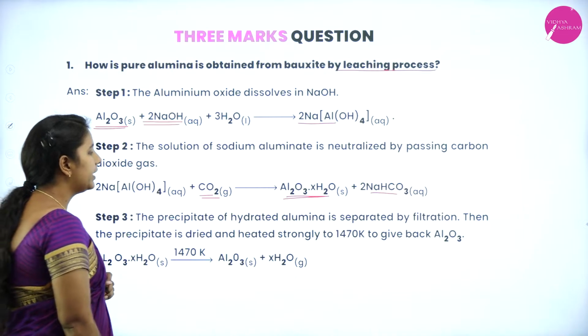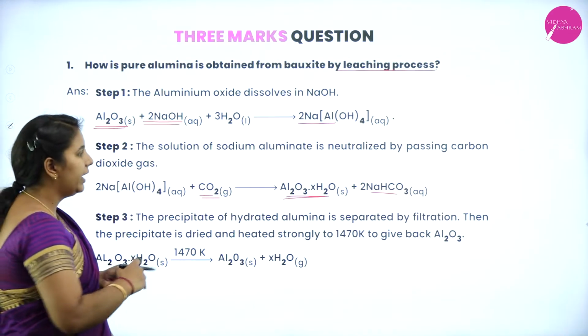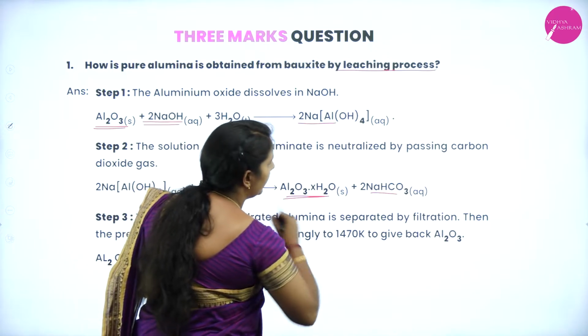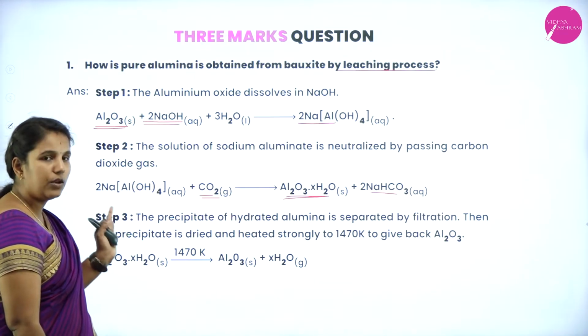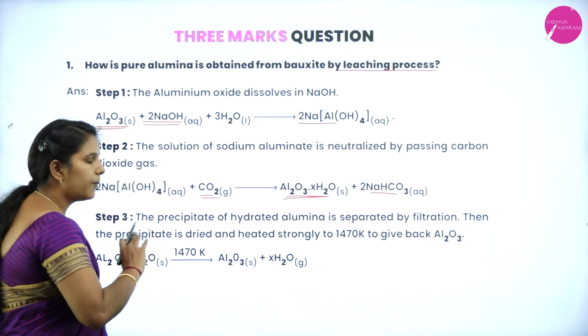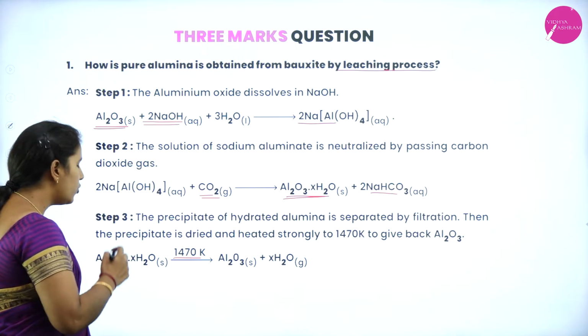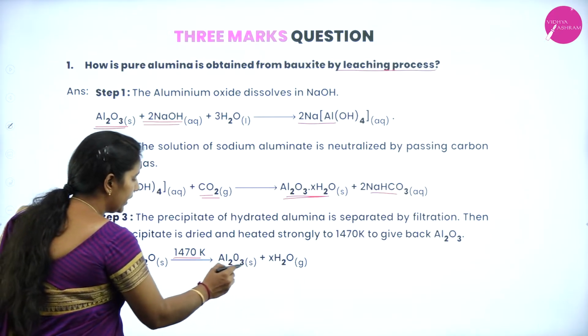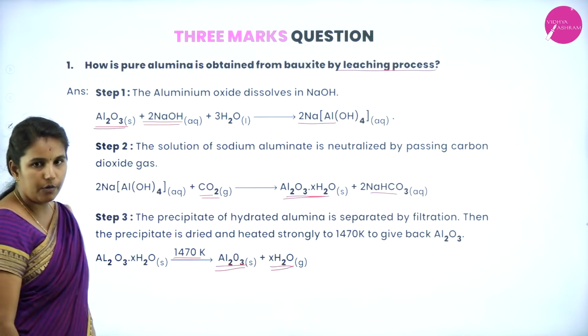The precipitate of hydrated alumina is separated from the sodium bicarbonate by filtration, and this hydrated aluminium oxide, upon heating at a higher temperature of around 1470 Kelvin, gives pure alumina with the evolution of water molecules.